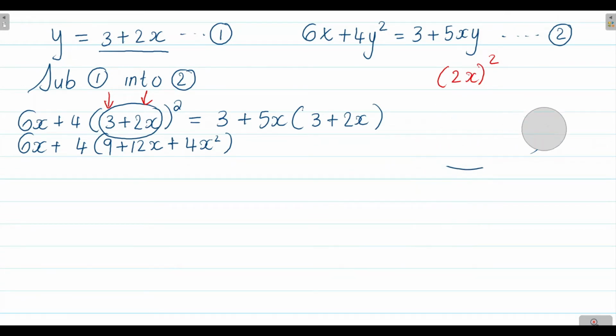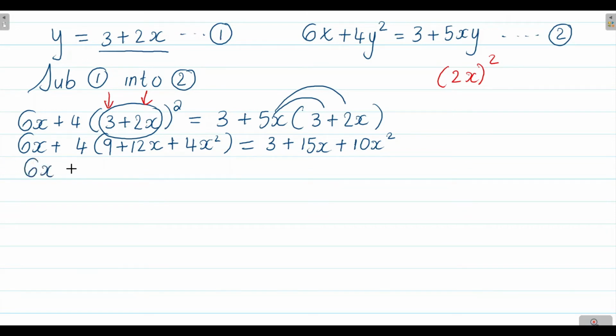Okay, let's simplify the rest of this equation, which is equal to 3 plus, we're going to multiply the 5x. 5x multiplied by 3 is 15x, plus 5x multiplied by 2x is going to be 10x squared. Okay, and then we're going to get rid of this bracket on the left hand side.